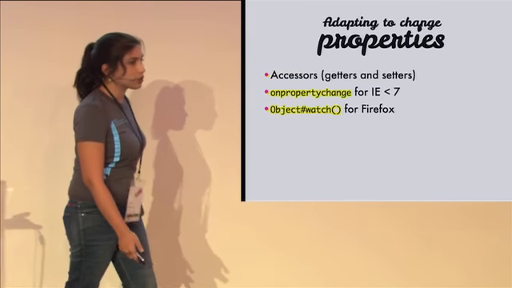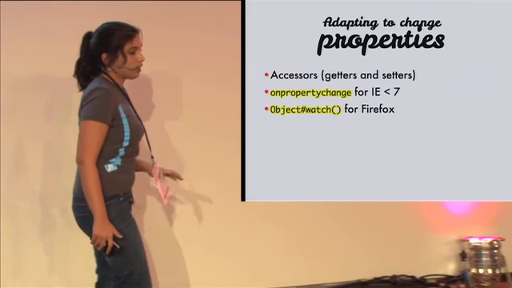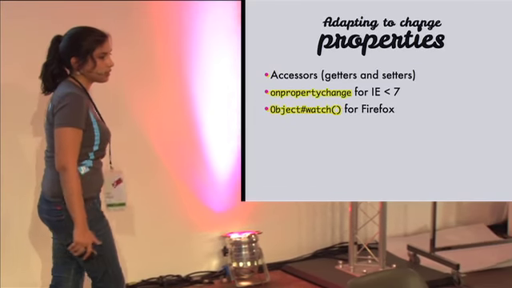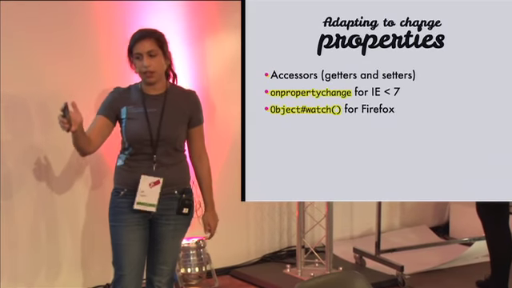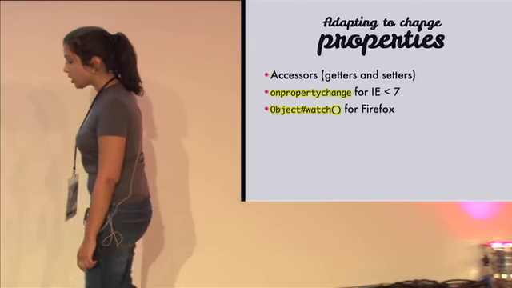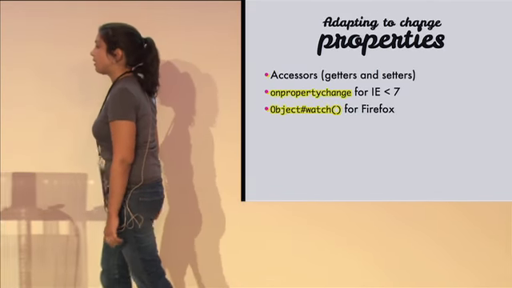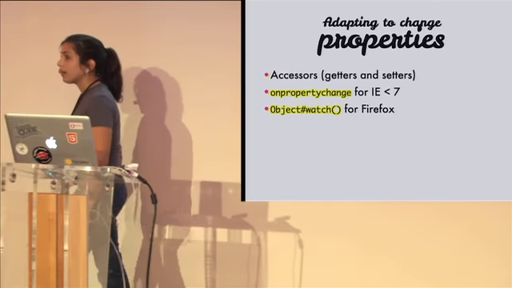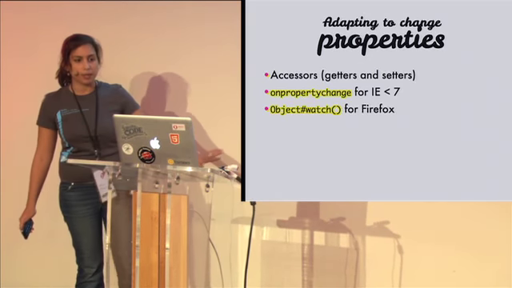And if your polyfill is only to fill in Firefox-specific functionality, then you also have this amazing method that's supported only in Mozilla. It's proprietary, but it's so amazing. I think it should be added to the spec, and every browser should implement it.